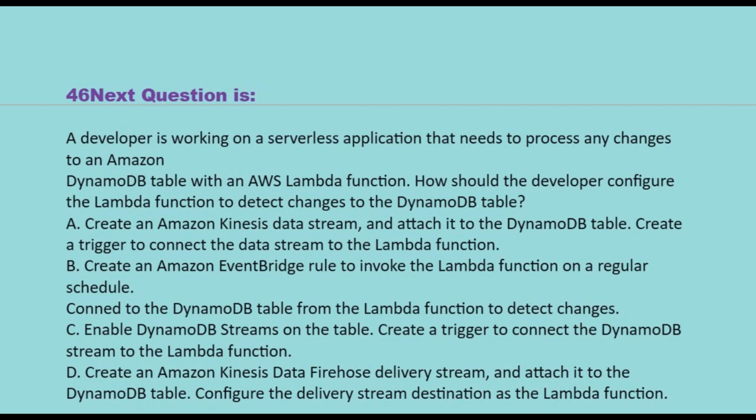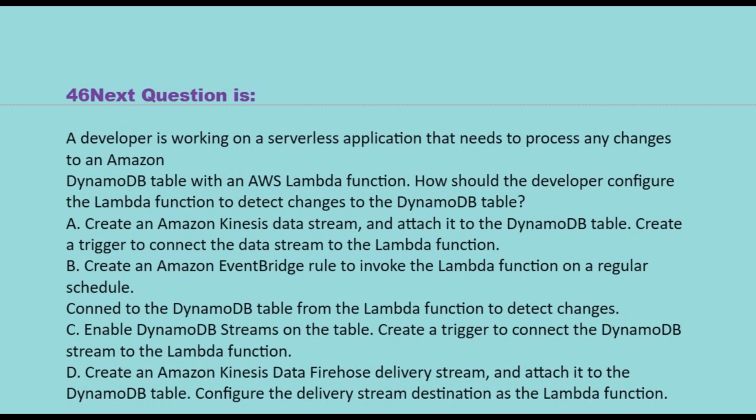Option A. Create an Amazon Kinesis data stream and attach it to the DynamoDB table. Create a trigger to connect the data stream to the Lambda function. Option B. Create an Amazon EventBridge rule to invoke the Lambda function on a regular schedule. Connect to the DynamoDB table from the Lambda function to detect changes.